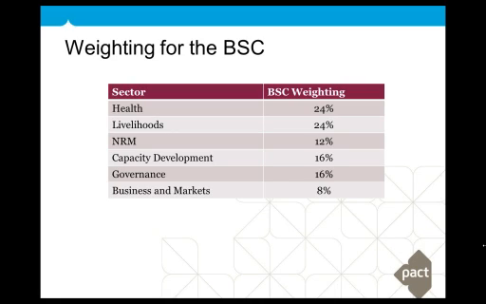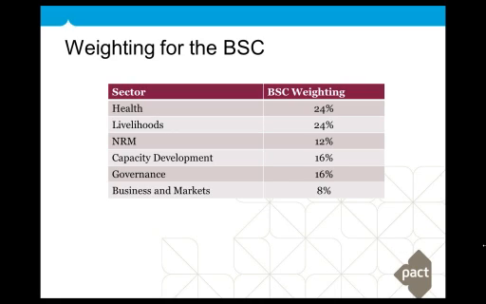Then across the sectors, those changes were weighted, and we averaged them according to their weight. So the weight for health and livelihoods was 24%, the natural resource management weight was 12%, capacity development and governance were 16%, and business and markets results were weighted 8%. These weights were chosen by the leadership team after quite a lot of discussion.